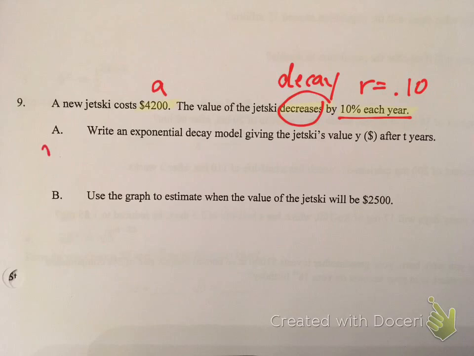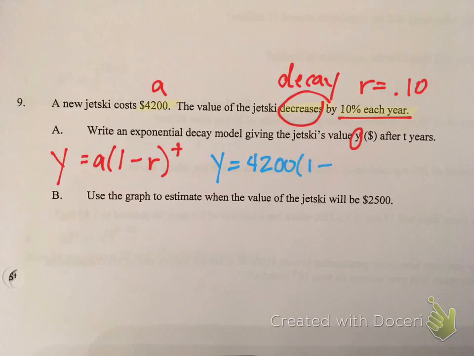So for an exponential decay model, I'm going to rewrite the formula, 1 minus R to the T. It says the value Y, so I'm going to go ahead and change this F of T to Y equals. Remember, F of X, F of T, and Y, they all are the same thing. Then I'm going to plug in the values from the problem. So Y equals 4,200 times (1 minus 0.1) to the T.